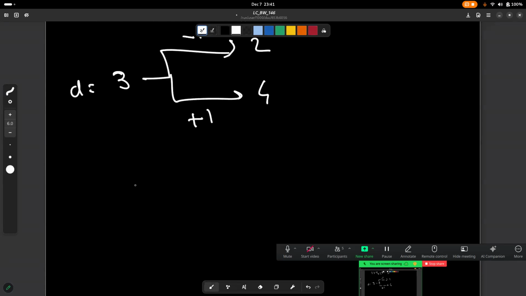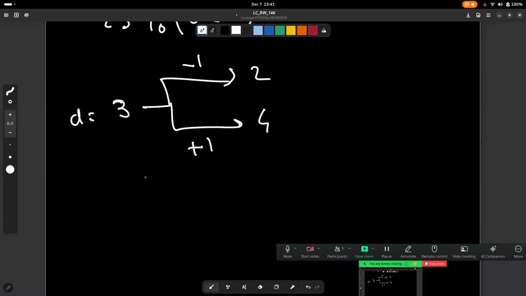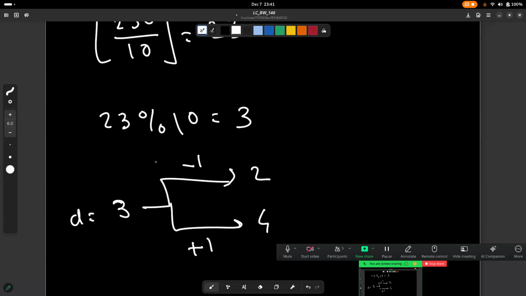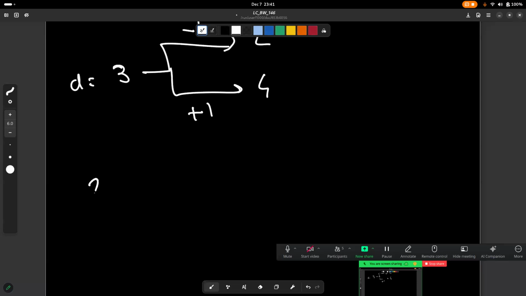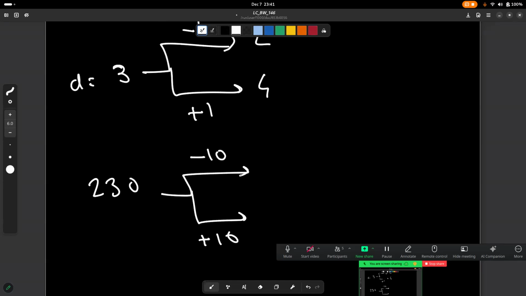Okay. What does decrementing 3 mean? Well, decrementing 3 actually represents 3 into base, that is 3 into 10. So decrementing 3 is actually decrementing our 230 by 10, that is our base, or incrementing it by +10. So from 230, you can go to 220 or 240.